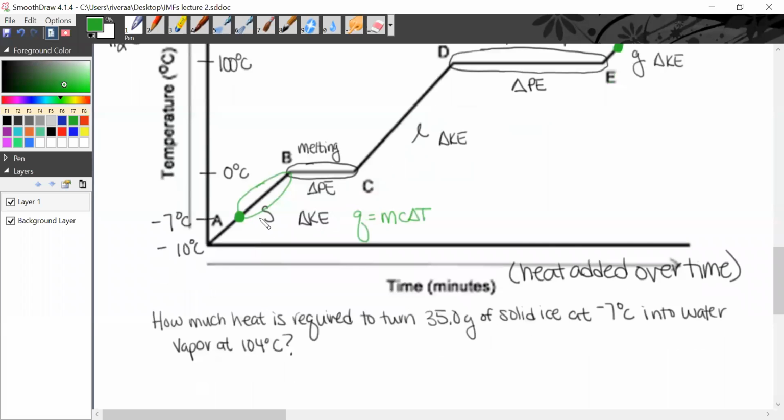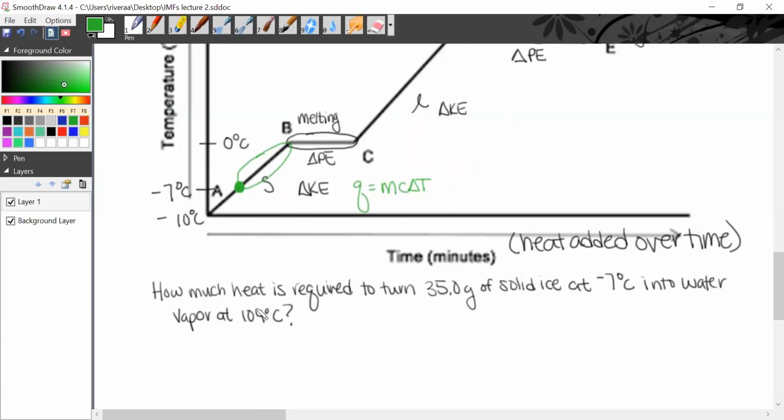So let's do that calculation first. Let's do that little green segment. Q, so we'll call this segment number 1. Q equals MC delta T, the mass of my ice that I'm warming up. Now, this specific heat right here, you guys, needs to be the specific heat of ice, which is different than the specific heat of water. It's lower.